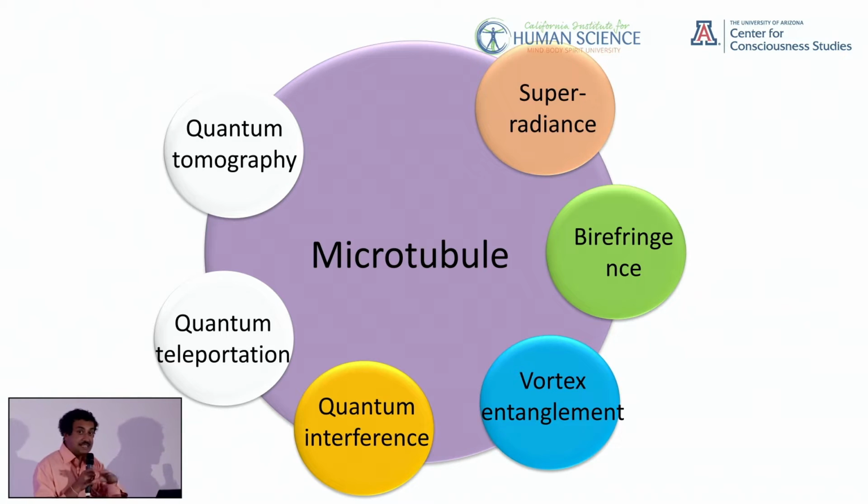But what we did is vortex entanglement, quantum interference, quantum teleportation, and quantum tomography. Quantum tomography and quantum teleportation is currently ongoing in our lab. And today I will introduce you how in a laboratory you can design experiment, quantum experiment, and what are the key things you should remember if you really want to do quantum measurement.